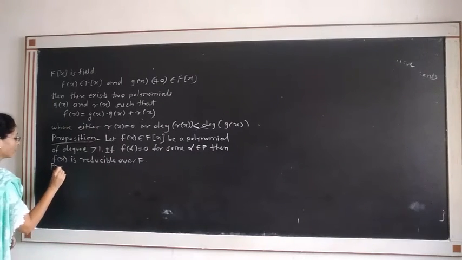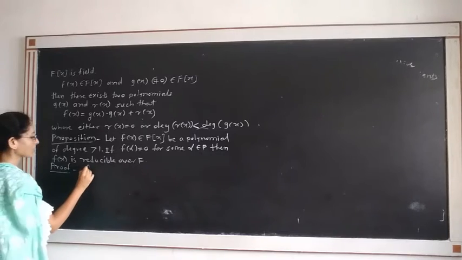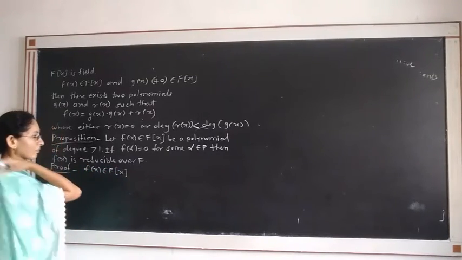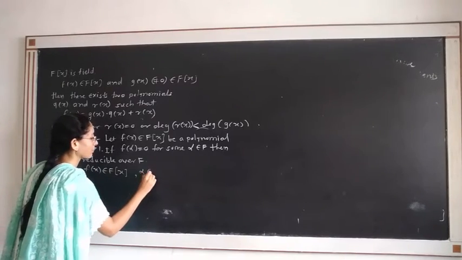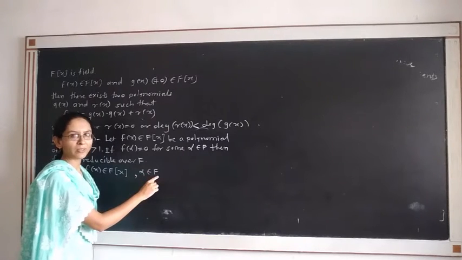Proof. Let f(x) belong to F[x] and alpha belong to F. Means what? Alpha is a constant number from the field here.